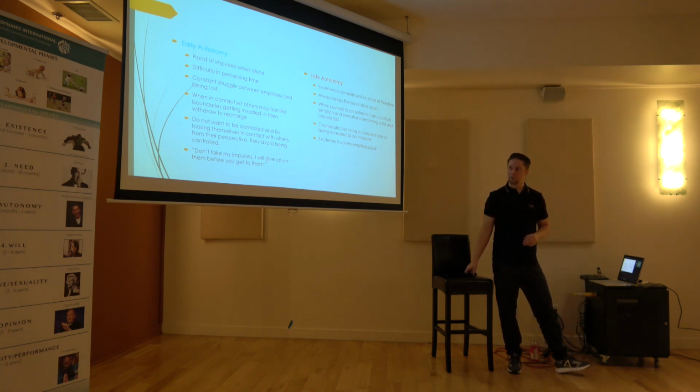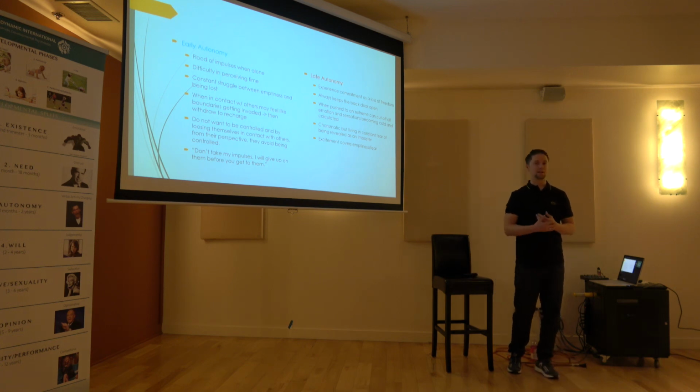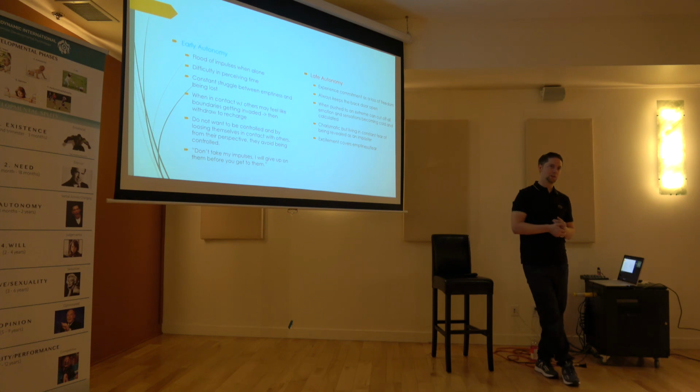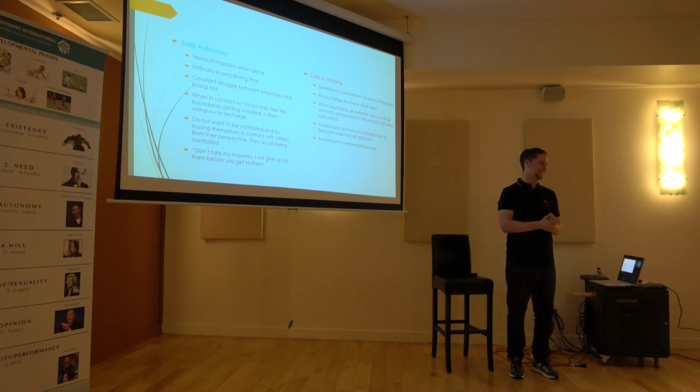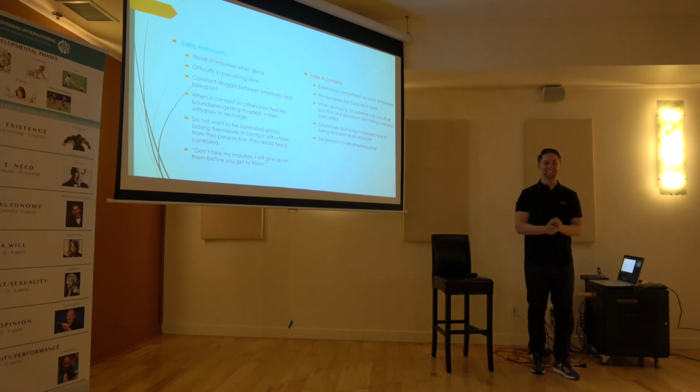So I have two friends that have this early autonomy character structure, and they're both going through midlife crises right now. They're both in their late 30s. An early midlife crisis. I mean, these crises can happen at any age, really.